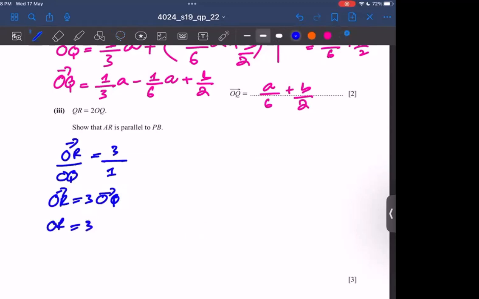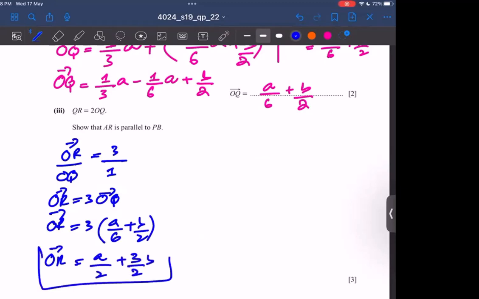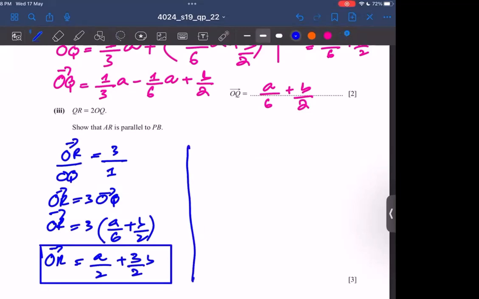So I got the OR vector 3 times OQ. What is OQ vector? OQ vector is A by 6 from the previous part plus B by 2. Now if I multiply these values, I got the OR vector, that is A by 2 plus 3 by 2 into B. Now this is OR vector. We need to find out the AR vector.